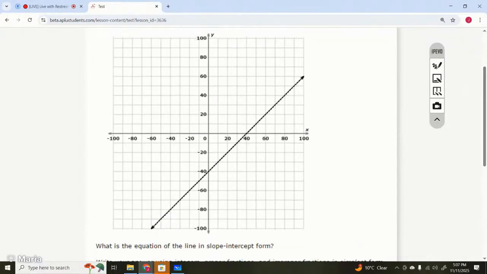Look at this graph. What is the equation of the line in slope intercept form?